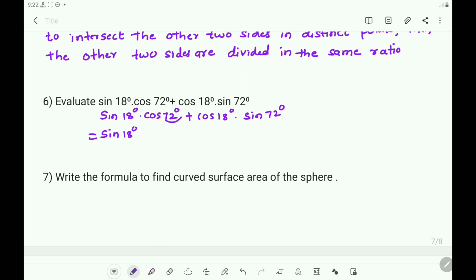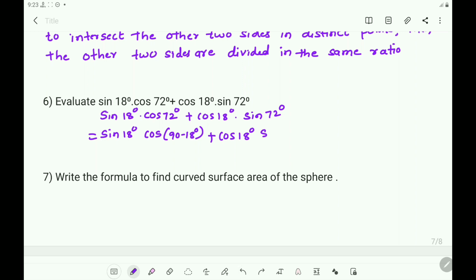Then you convert this 72 degree in terms of 18, that is 90 minus 18, cos 90 minus 18 degree plus, here you write cos as it is, cos 18 degree. Here also you convert 72 degree. So in this side also, here you must convert 72 degree only. If you convert 18 degree here, here also you must convert 18 degree only.